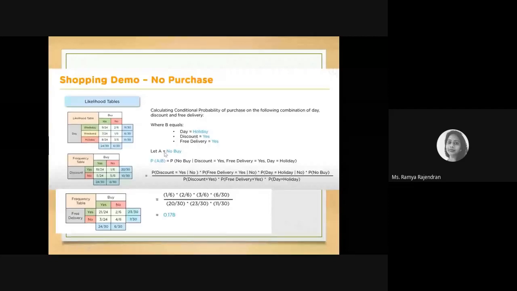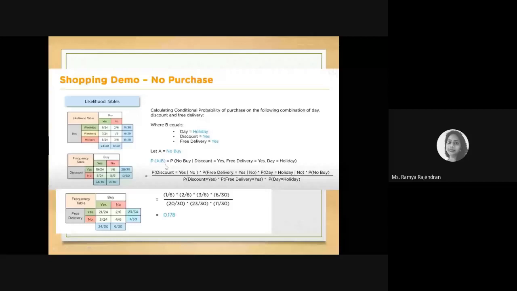So we are substituting in the formula: the probability of event A given B is equal to the probability of when the person is not buying a product, and the discount is available, free delivery is available, and the day is a holiday. We have to put this in the Bayes formula, through Bayes theorem.